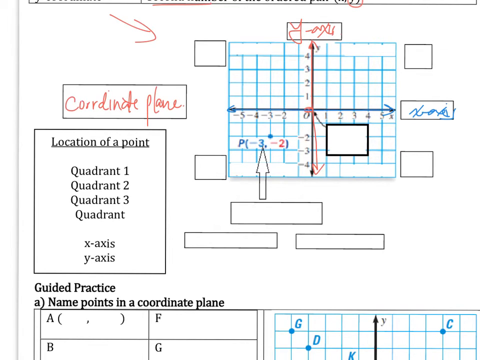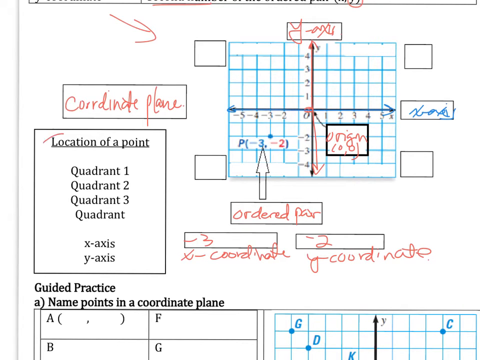And then here's your origin, (0, 0). And here we have an ordered pair. -3 is your x-coordinate, and -2 is your y-coordinate.